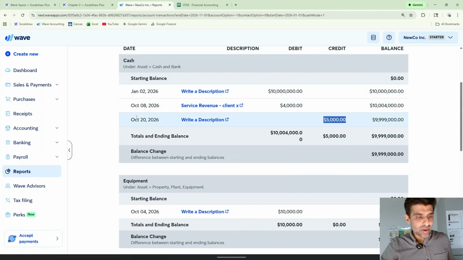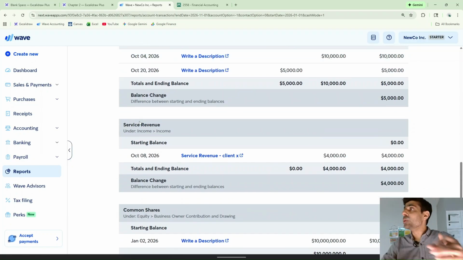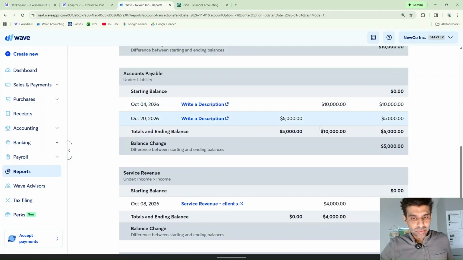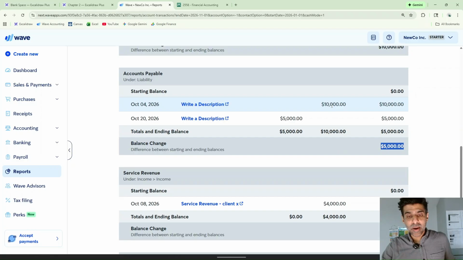October 20th, October 20th. So looking through the T account you can figure out what the full journal entry was. Okay, so the balance here is 5,000. Again, it could be more clear. It's a credit balance, but it's coming from this credit and this debit.